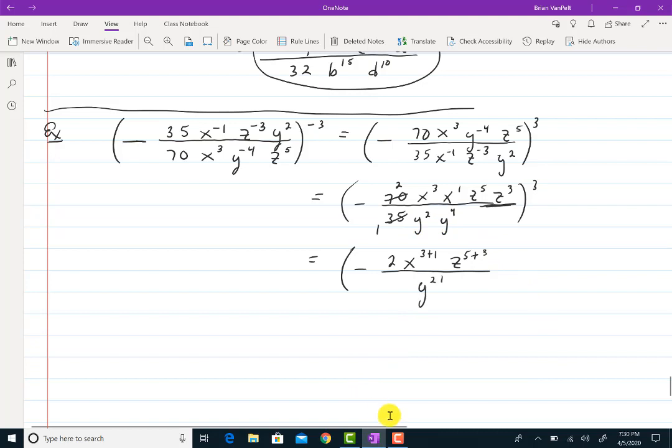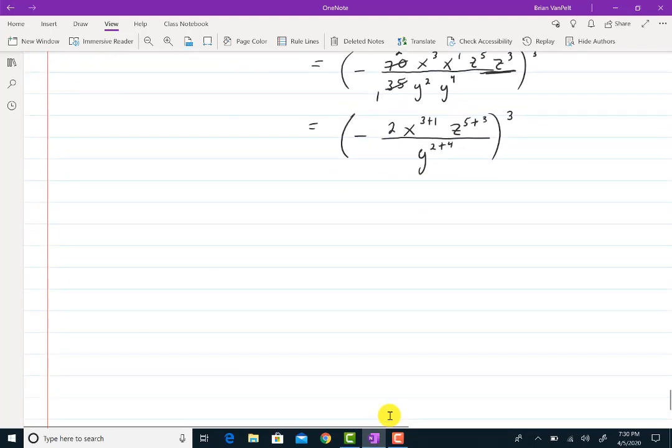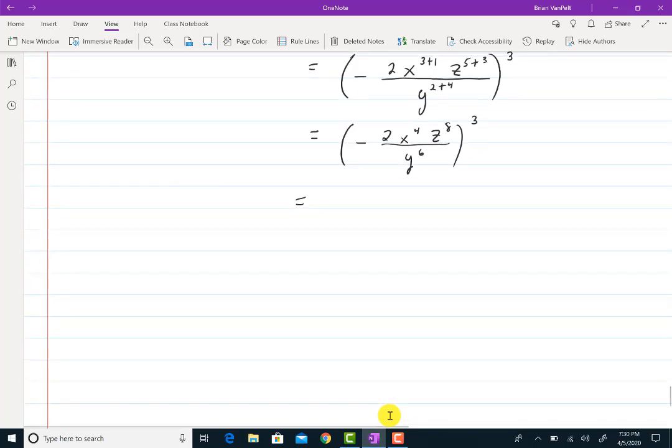Y to the 2 plus 4. And all of that's still raised to the 3rd power. Let me add up my exponents. So I'll get 2x to the 4th, z to the 8th, all over y to the 6th. And that's raised to the 3rd power. And now I'll go ahead and take everything to the 3rd power, including that negative out front, which is really negative 1.